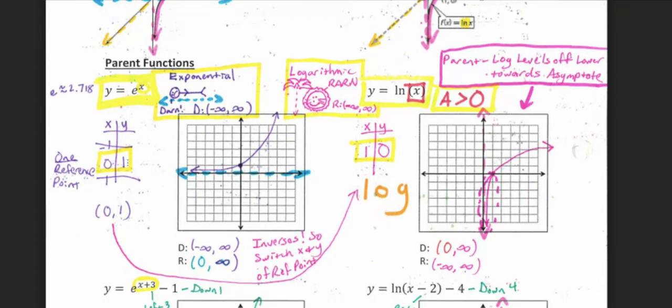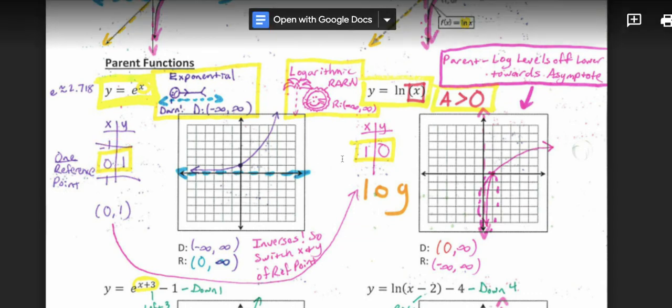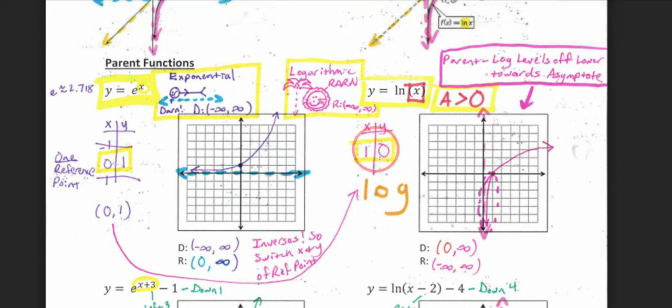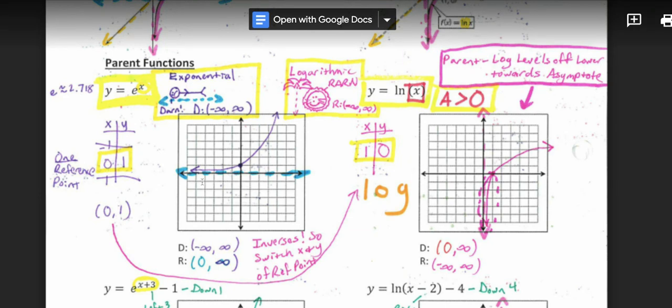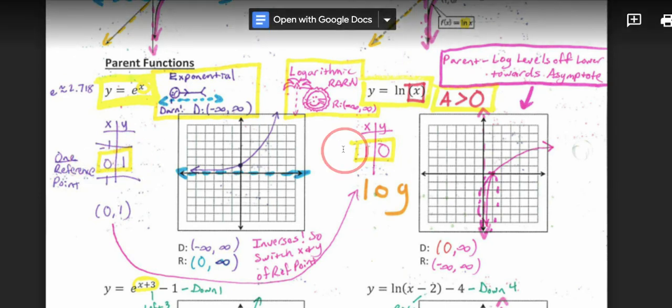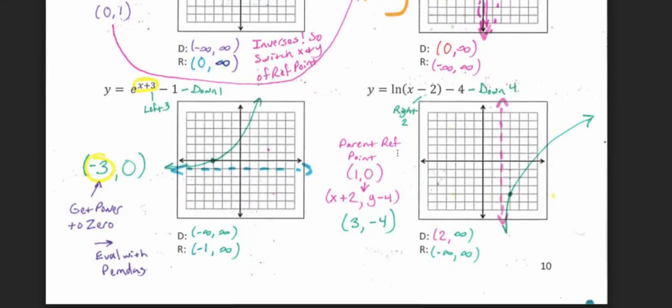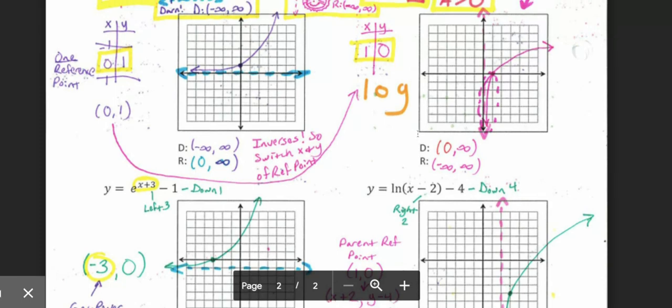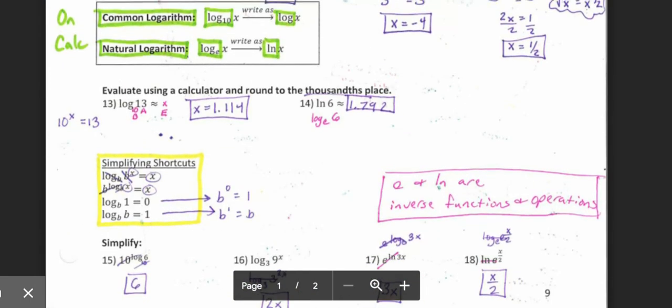This gets into our parent functions in a little bit more detail. You see we only have one parent point versus the normal 3 that we'd have in the parent table. Logs and exponentials are inverses of each other, so the x and y values flip around. Just some interesting properties with the graph, or review of transformation rules, but this won't be anything that you are assessed on or have any homework on.